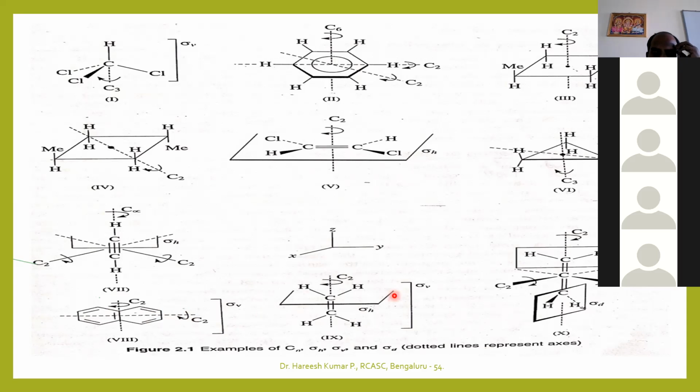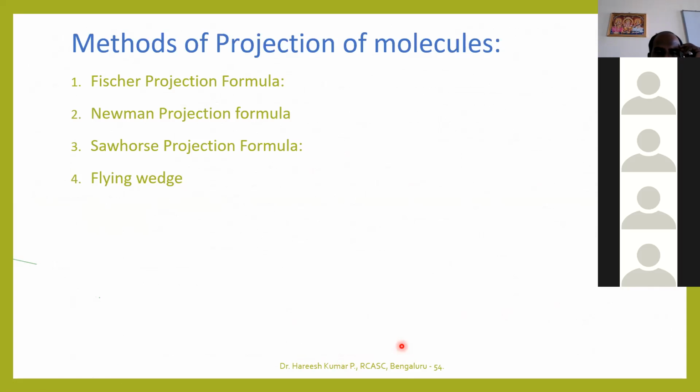So these are a few examples of symmetry, where we can account for the axis of symmetry, plane of symmetry, center of symmetry, and what is called the improper axis of symmetry. So with this, I can go to the next slide. The next slide is about the methods of projection of molecules. Here there are four kinds.